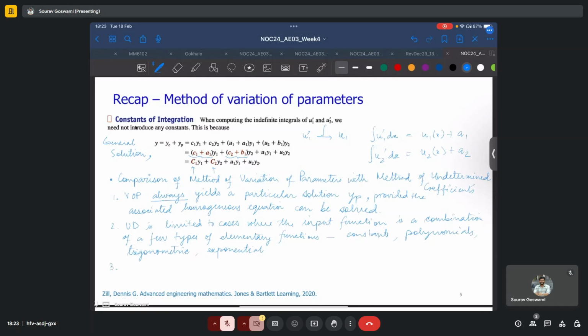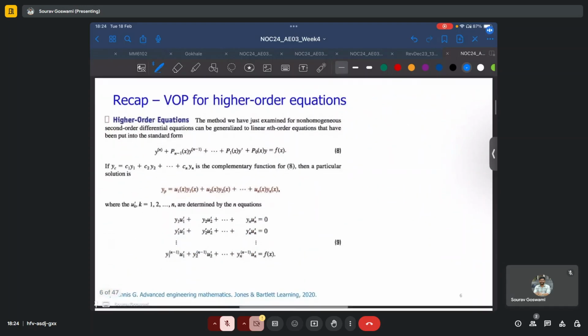And thirdly, the method of variation of parameters is not limited to ODEs with constant coefficients only. And so it is better equipped to handle a larger gamut of ODEs which one might encounter during their research.